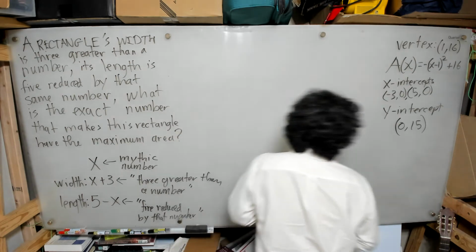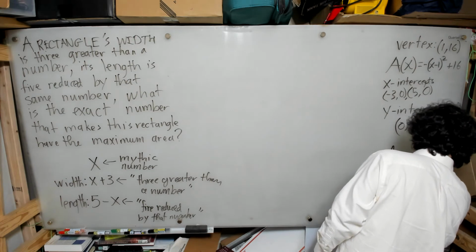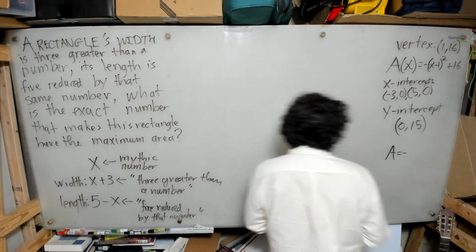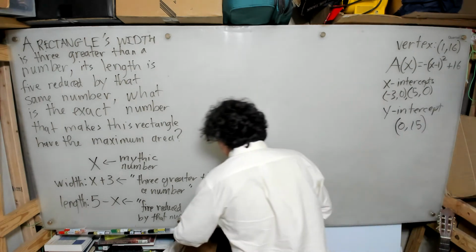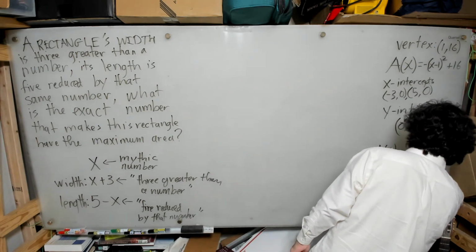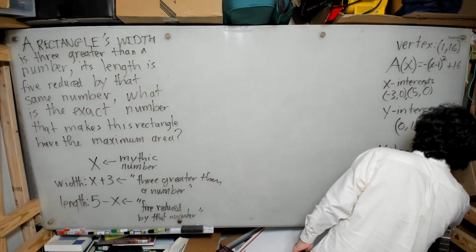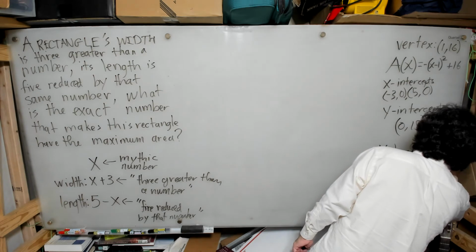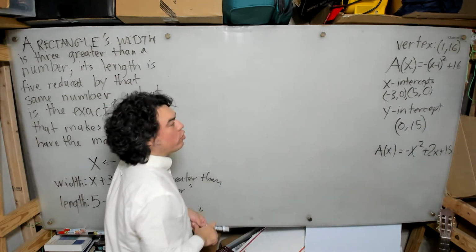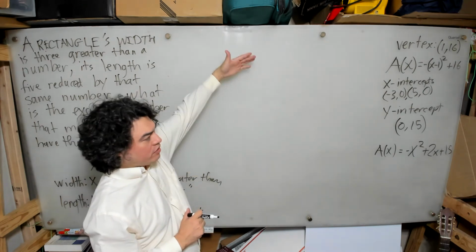Let's just summarize that equation here. Now we know that for the graph, we're going to need to reach a positive 16 on the y-axis.